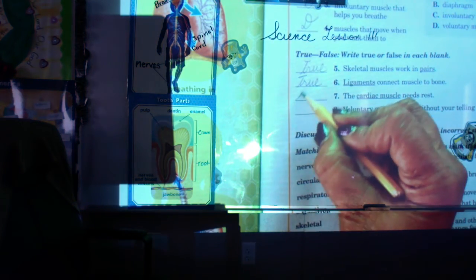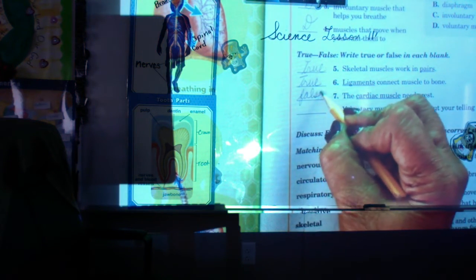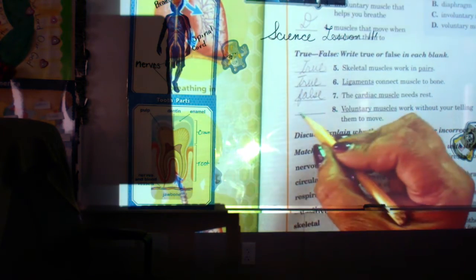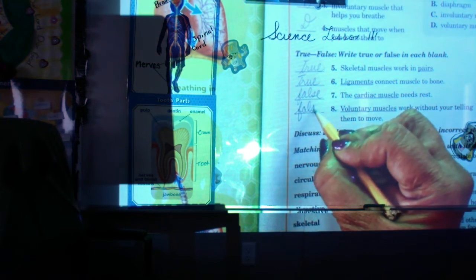That is false. That's our heart. If our heart stops, we die. Number 8, voluntary muscles work without your telling them to move. False. Involuntary muscles move without you telling them to move.